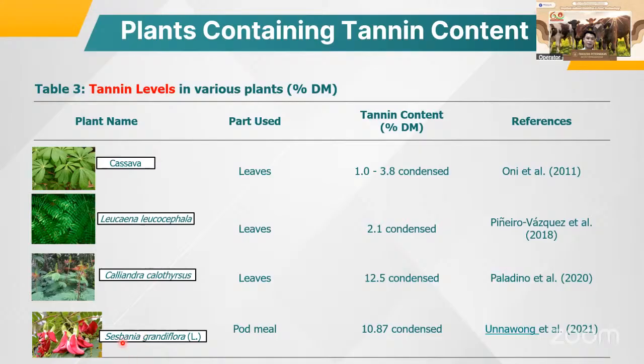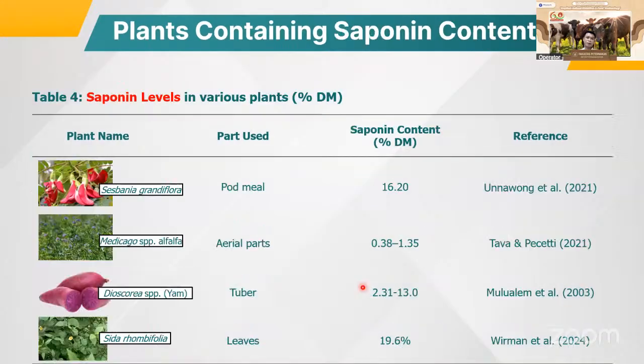Calliandra and Sesbania, in the seed meal and leaf, contain quite a high concentration of tannin. So those plant sources have potential to be extracted to get condensed tannin content in order to add to the diet or silage to improve the quality.